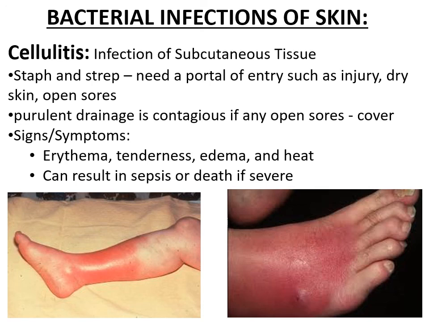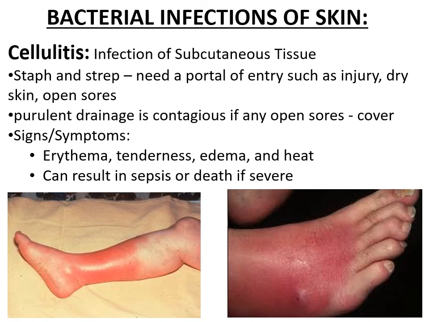So it could just be dry skin, or maybe someone has an open sore, or maybe they broke their skin from an abrasion, from falling off their bike. Whatever it is, they've broken the surface of the skin and allowed for strep or staph to enter. Okay? And then, of course, the bacteria spread under the skin in a condition that we call cellulitis.